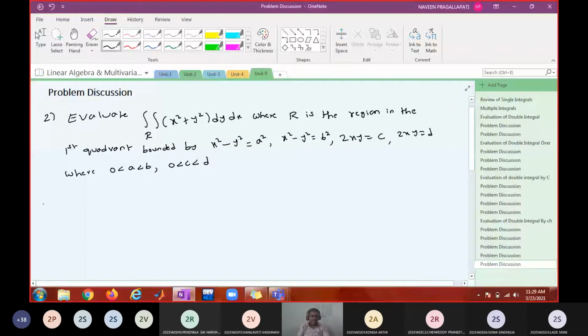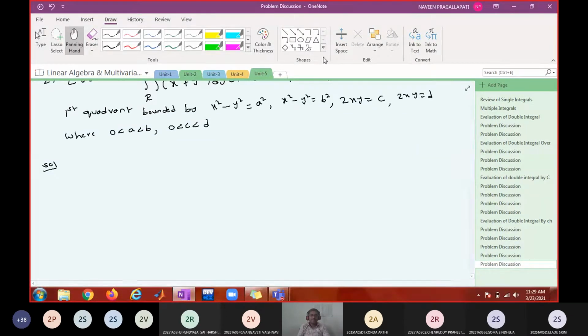Can you identify the region of integration? What kind of curves are these four? Hyperbolas, right?